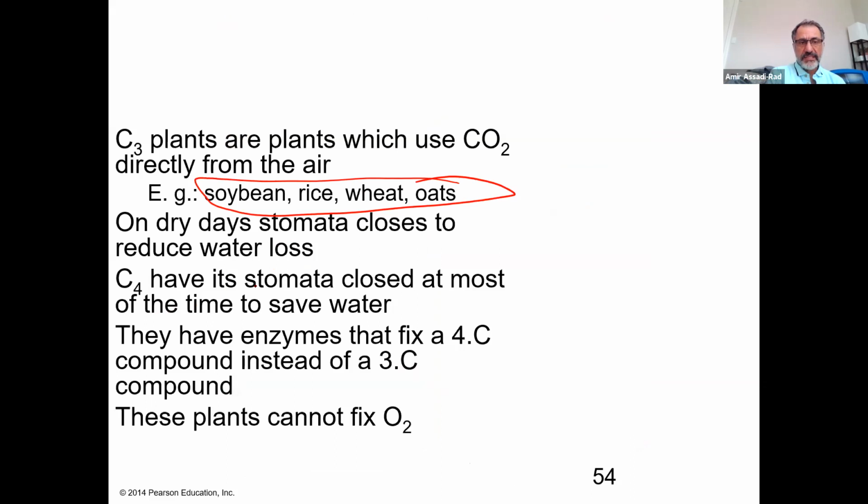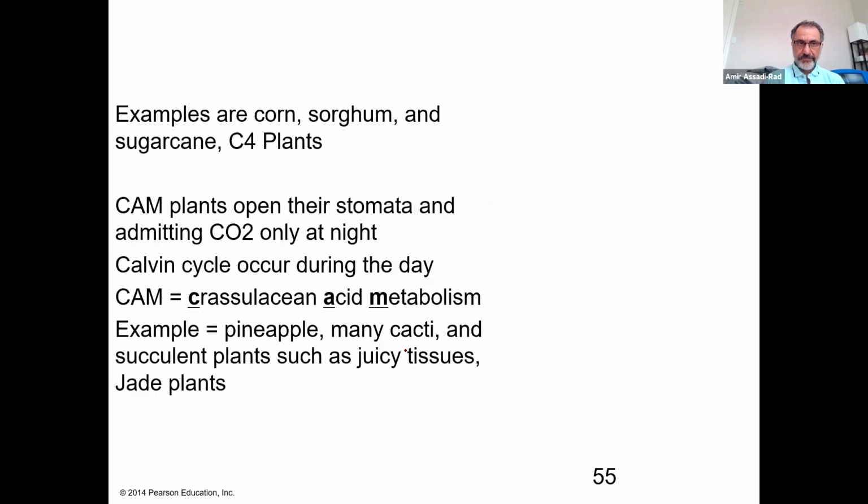In C4 plants, stomata close most of the time to save water, and the enzymes fix a 4-carbon compound instead of a 3-carbon compound. Examples: corn, sorghum, and sugarcane. These are all examples of C4 plants.